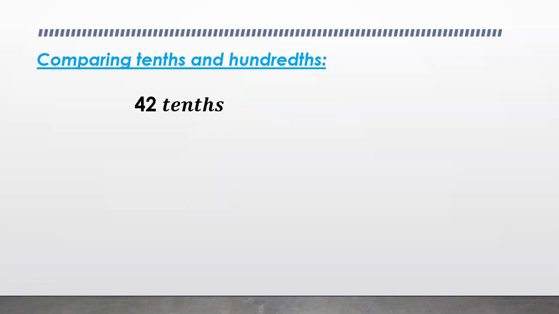Okay. For example, 42 tenths and 45 hundredths. Pay attention with me. 42 tenths, what do we do, if you remember? Tenths means 1 digit in the decimal part, right? Then I put 1 dash in the decimal part and write 42 from right to left.